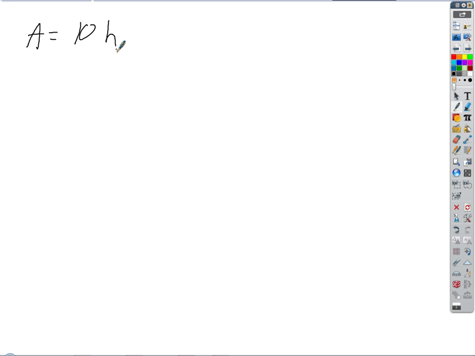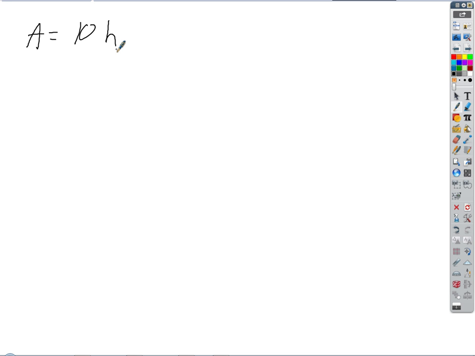They want you to write the inverse function, they want you to write the domain of the inverse function, stuff like that. Well, the way this is written right now, what's my input variable and what's my output variable? Input is h, output is a.